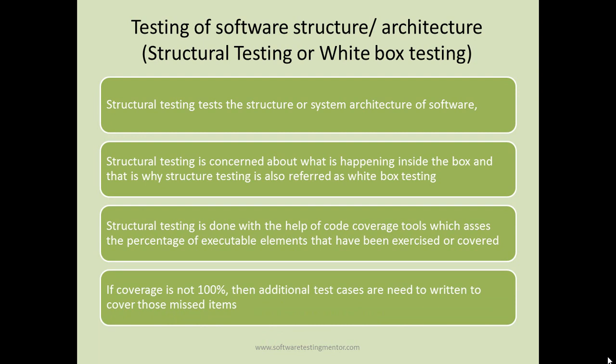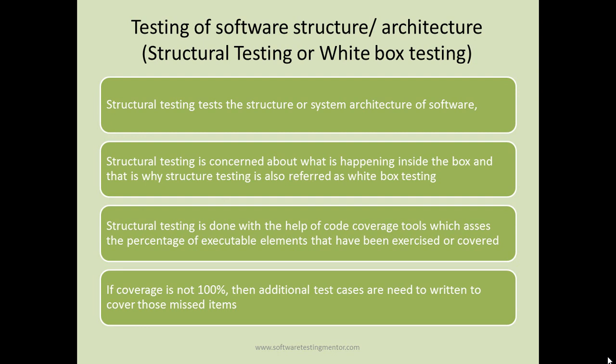So white box testing uses a code coverage tool to find out the percentage of coverage that is achieved by the set of test cases that you have right now, and if the coverage is not up to the level required for exit criteria, then more test cases are added to get the coverage mentioned in the exit criteria.